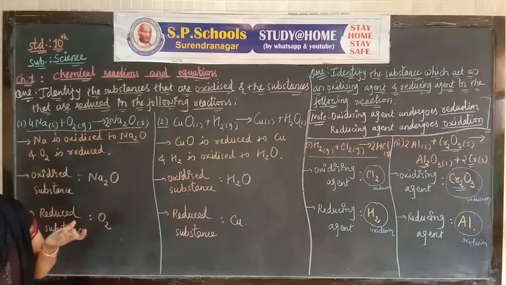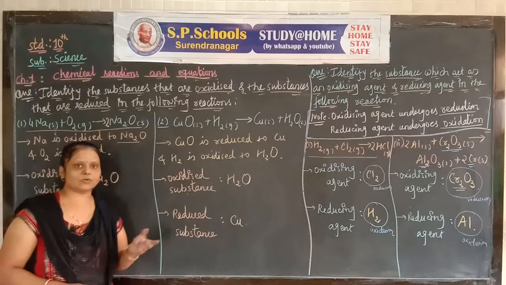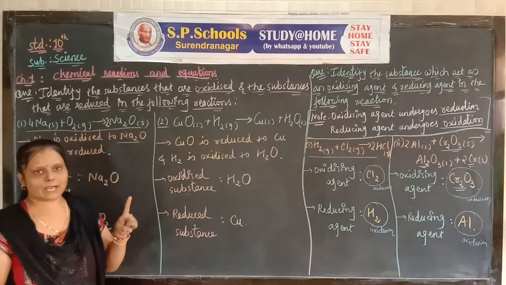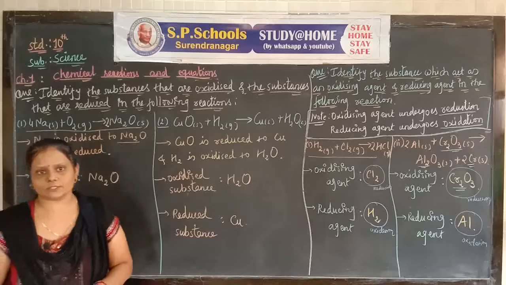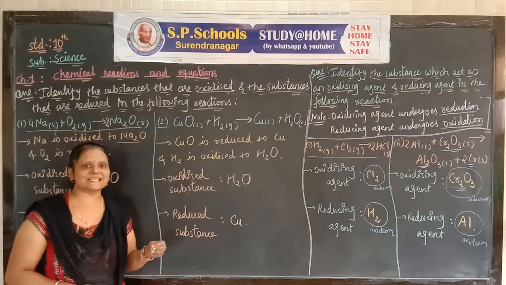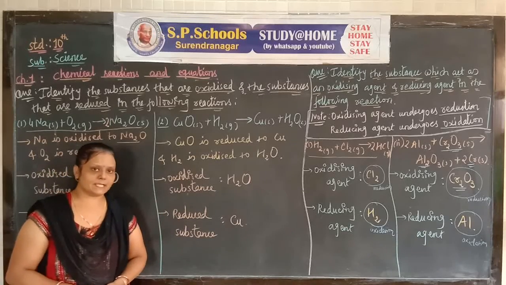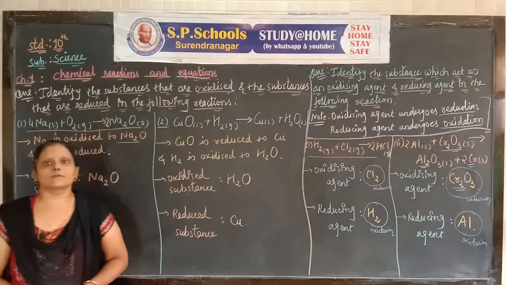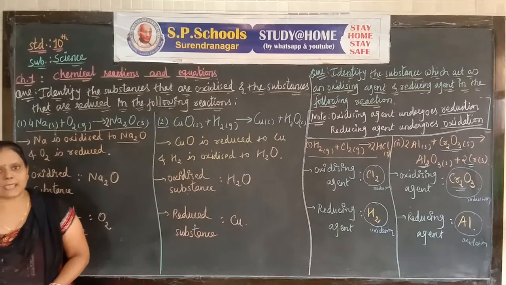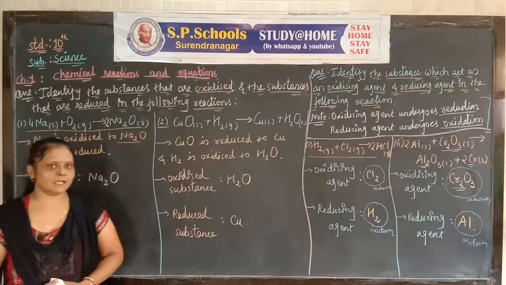You have to write the redox reaction, three types of redox reaction. Examples are given, so you have to write the examples first in your rough book with pencil two to three times, and then write them in your fair book. So you have to be able to complete the equations.